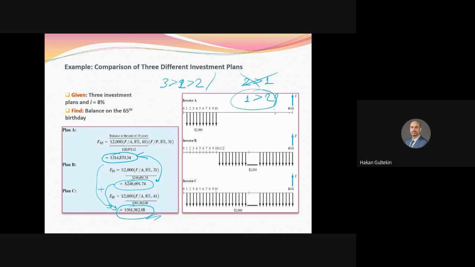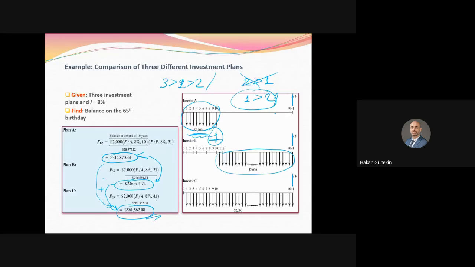What is the reason? The reason is the time value of money. These 10 payments, although you have 20 deposits, these 10 deposits occur earlier than those 20 deposits. And these start to earn interest earlier than the others. And after this point, what happens?